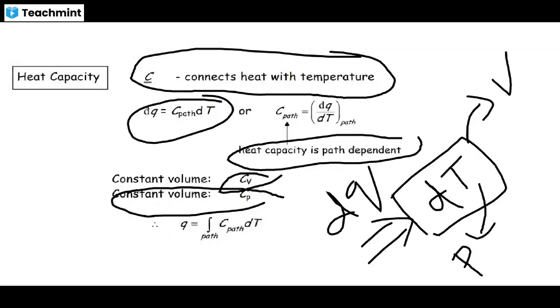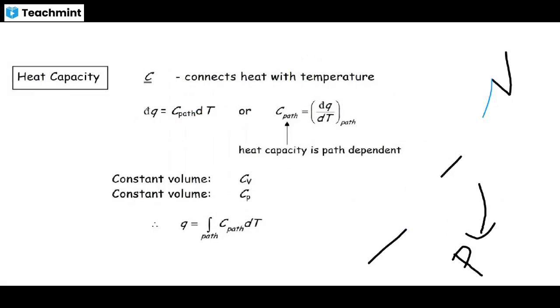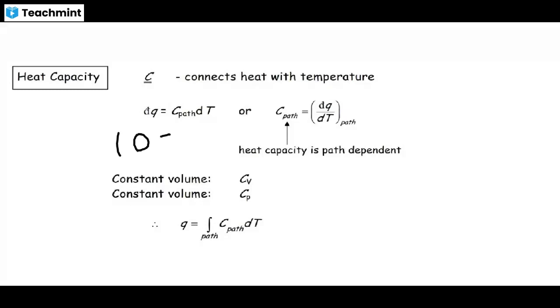How much heat enters the system depends on the heat capacity. Just like if you take an example, dq is 10 joules, heat is energy, and the heat capacity is 10.